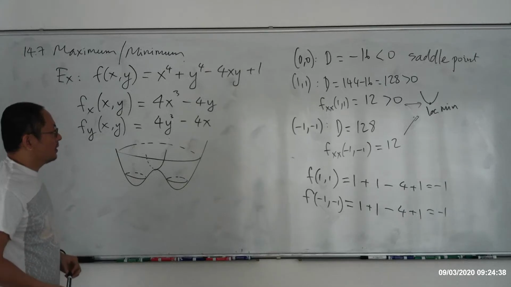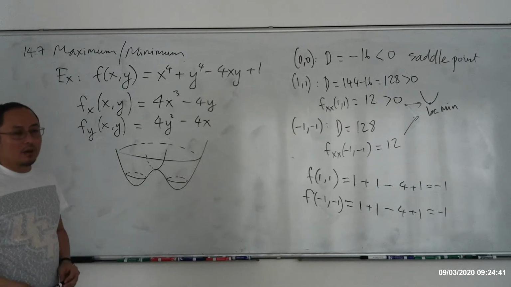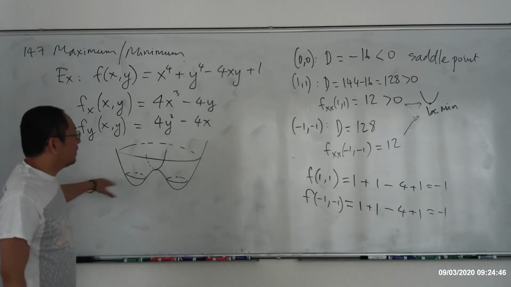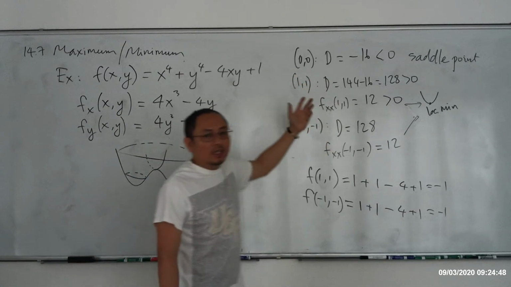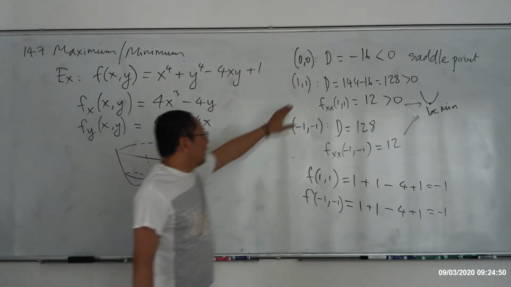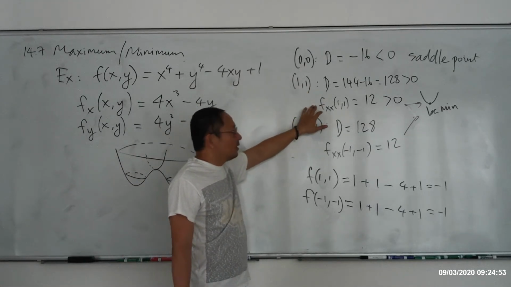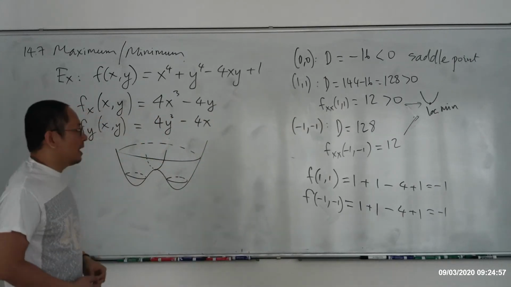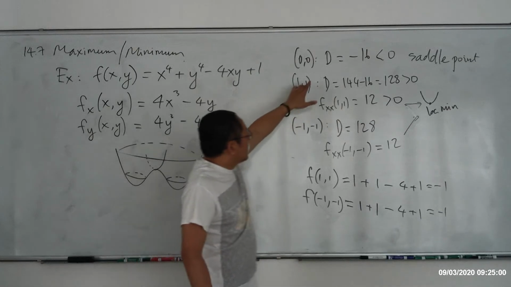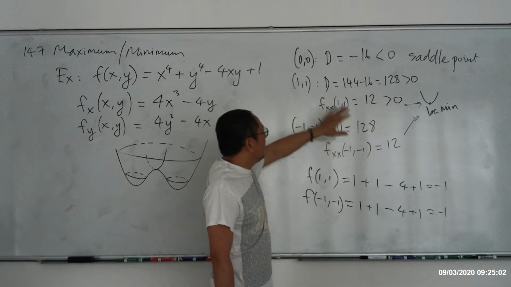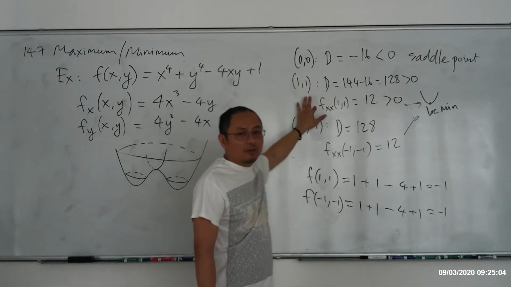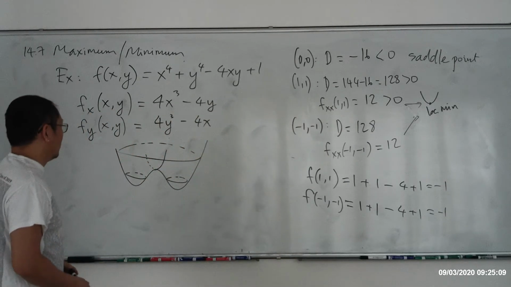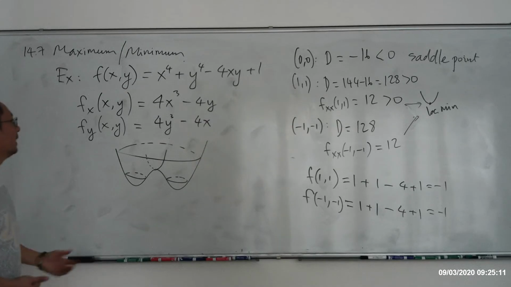Find the critical points, your potential local max or local min. Then find the second derivatives and calculate D. If D is negative, it's a saddle point. If D is positive, it depends on fxx. Or if you don't want to calculate fxx, you can do fyy, because x and y play the same role in the game. D positive, fxx positive, you have a local min. D positive, fxx negative, you have a local max. If D equals 0, it's inconclusive, you don't know. And then you have the points.